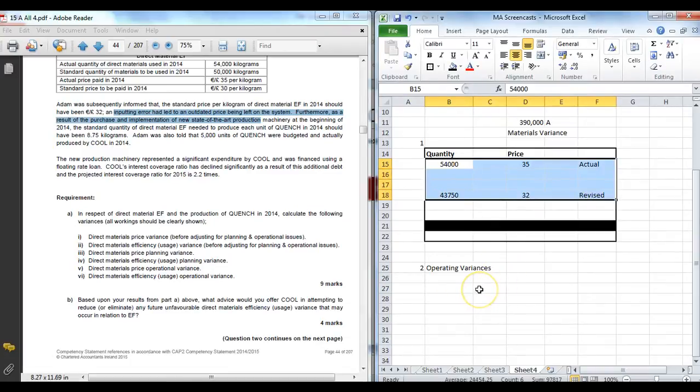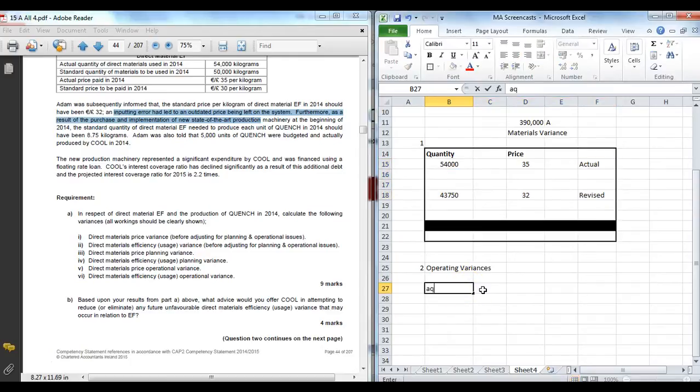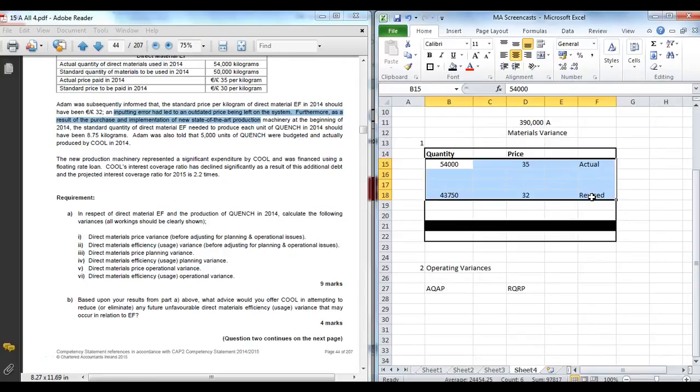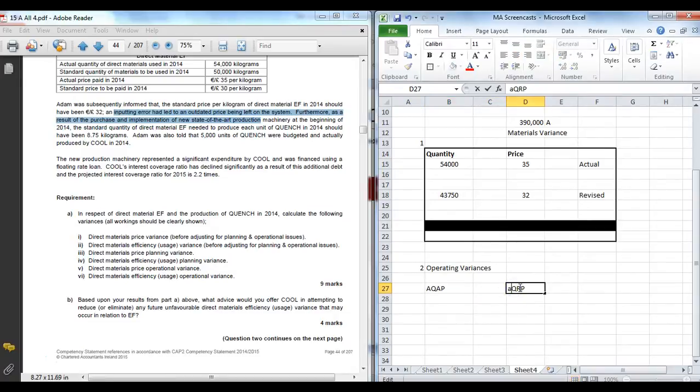So all you're doing is breaking it back down to CAP1 level variances now, because it's going to be actual quantity, actual price, compared to revised quantity, revised price. So you're just using two sources. And note, I use RQRP because sometimes you'll get confused by using SQSP, because you have to use that in a second for the planning variances. So it's AQAP compared to AQRP, and finally, RQRP.